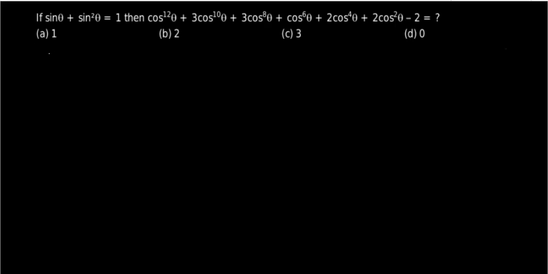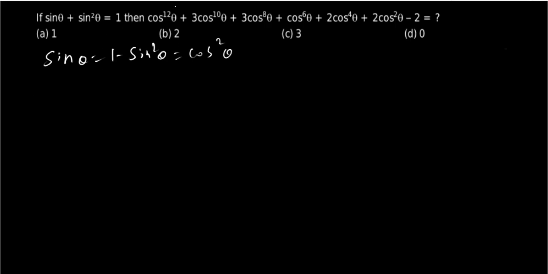So from the given equation, sine theta can be written as 1 minus sine square theta. So 1 minus sine square theta, we know very well that it is cos square theta. So sine theta equal to cos square theta. So each cos square theta can be written as sine theta. So cos square theta becomes sine theta.